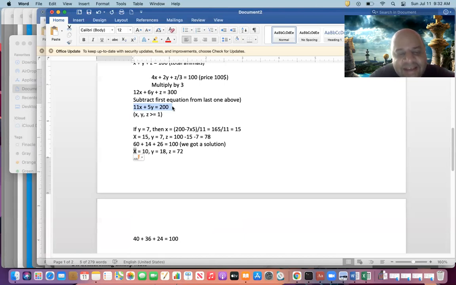11x is 55. Okay, then 5y is equal to 200 minus 55, which is 145. So y will have to be 29.